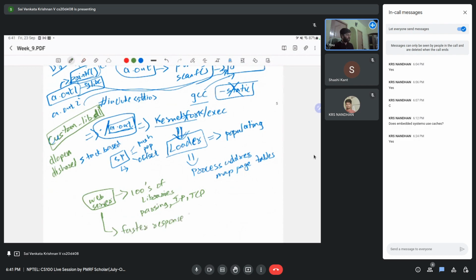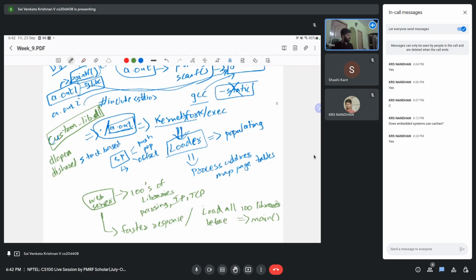So in that case, if you create a new web server process and invoke your loader, it will load all 100 libraries before it goes to the main function, which is the starting logic of your web server process.